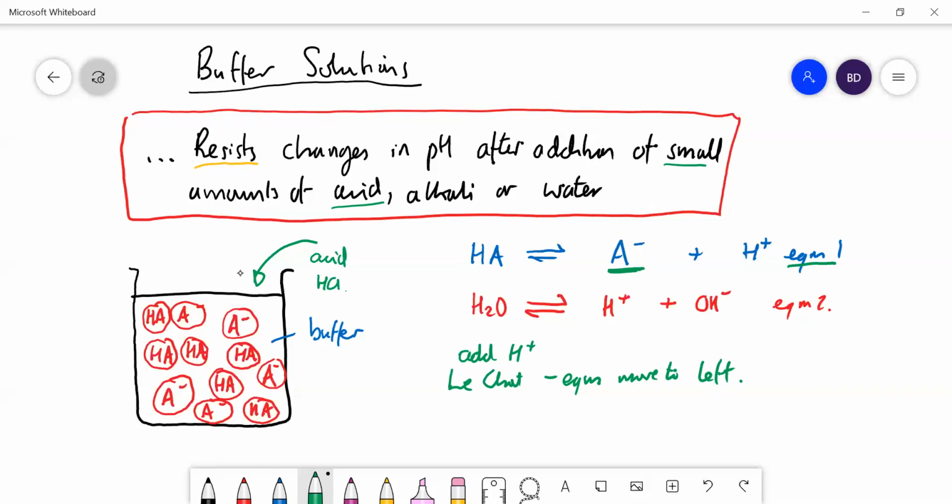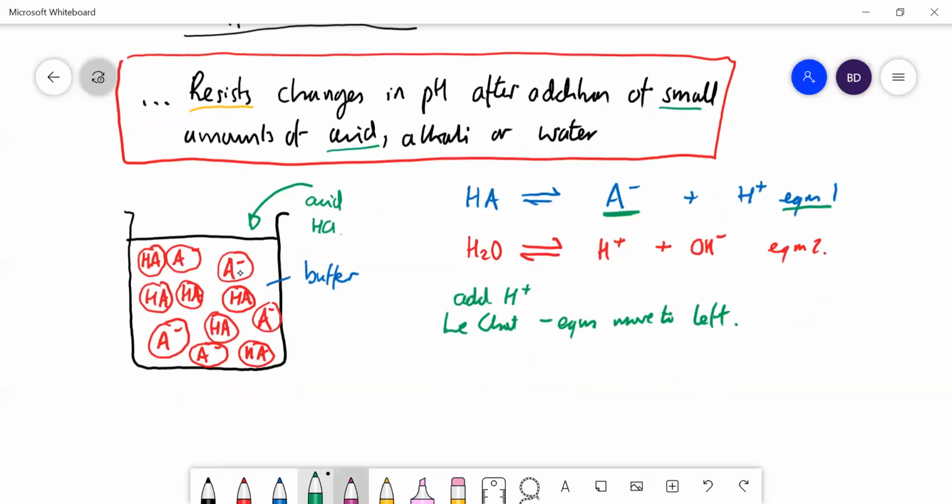Let's see what would happen if you added some alkali. So add some OH minus. That's a bit more difficult, because if you add OH minus, what will it do to equilibrium 2? It will move that to the left. That will effectively lower the H plus concentration, and that will then have an effect on equilibrium 1.